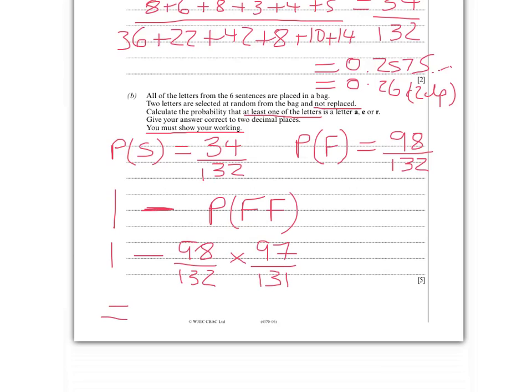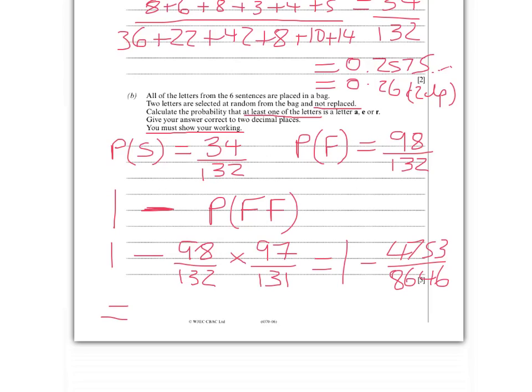And so if we put that into our calculator, so if we type in 98 over 132 and times that by 97 over 131, that gives us 4,753 over 8,646.